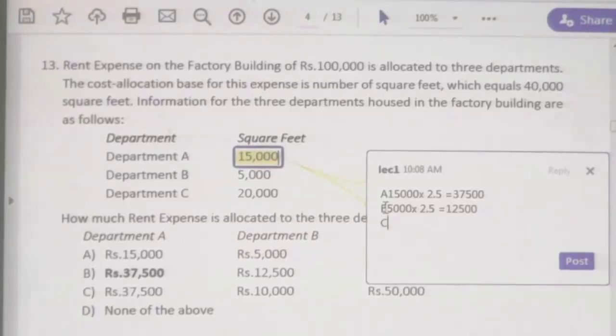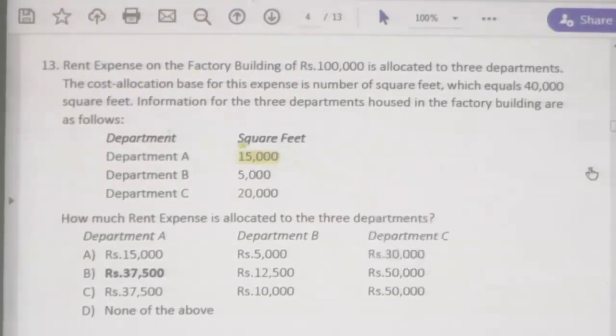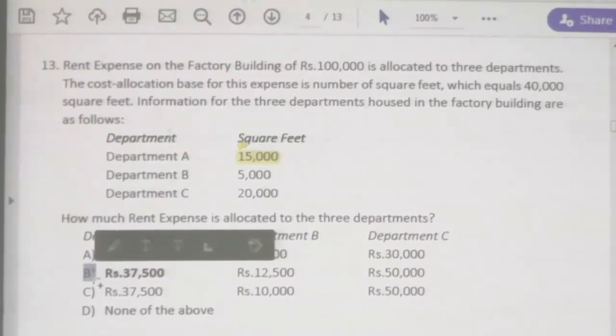Then for C, 20,000 square feet multiplied by 2.5 per square feet is 50,000. Therefore, the answer would be 37,500, 12,500 and 50,000. That is answer B. That is the apportionment of indirect cost among 3 cost centers. Right? That is question 13 regarding overhead cost apportionment.